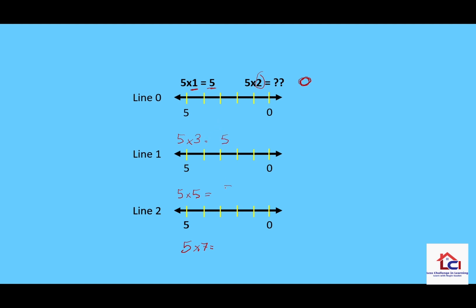And if I use other even numbers, like after 5 times 2, for example I write 5 times 4, and then 5 times 6, or even larger even numbers, you will see all of them have 0 in their answers. So, okay, you got it.